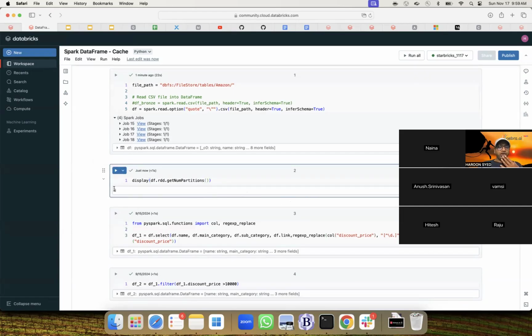Okay. You see here, this data frame is now split into 8 partitions.